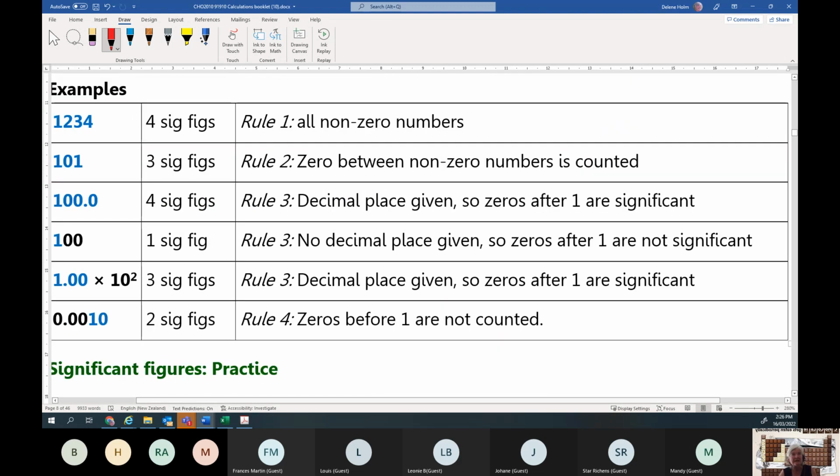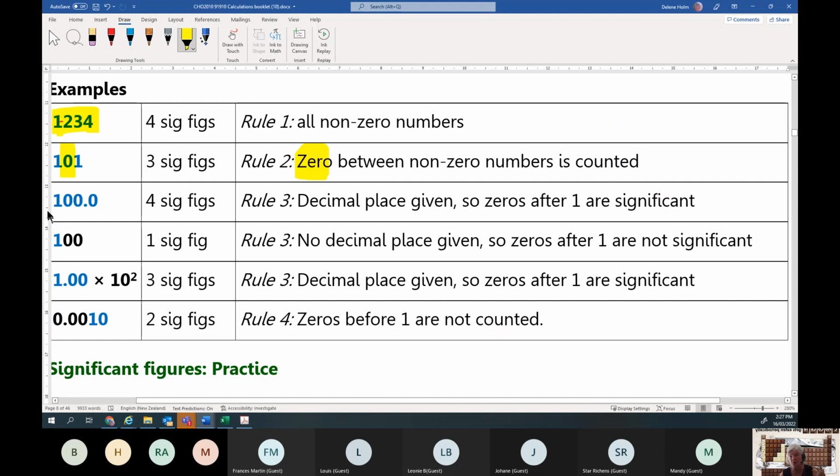Any number, so 1, 2, 3, 4, 5, 6, 7, 8, 9, okay? Any of what we call non-zero numbers will always be significant. The tricky bit comes when I've got zeros, because it depends where the zero is. As in our case of that 3,002 years, if the zero is between two non-zero numbers, we count it as a significant figure.